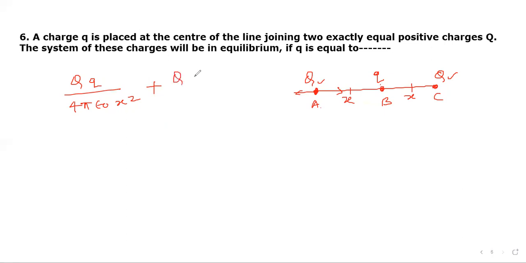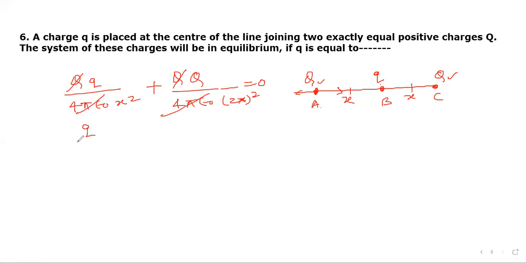So we can say Qq divided by 4 pi epsilon naught x square, plus QQ divided by 4 pi epsilon naught, and the distance will be 2x whole square, must be equal to 0. So from here, we can cancel capital Q, 4 pi epsilon naught, 4 pi epsilon naught.